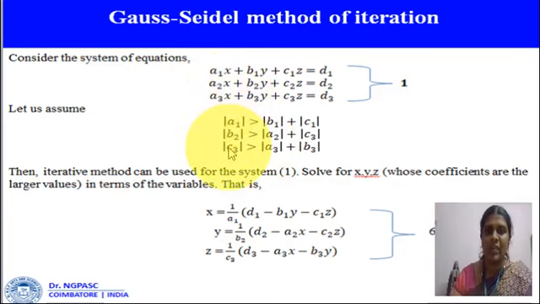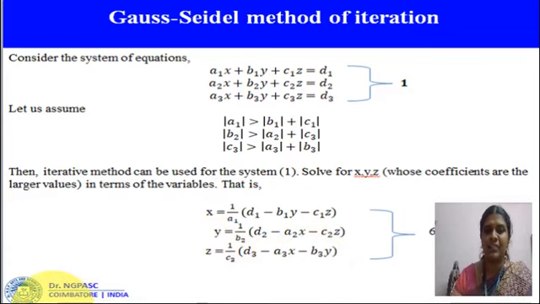So that is your main condition for the iterative method. After checking that the diagonals are dominant, we have to rewrite x, y and z in the same order. Up to this there is no change. It is the same as the Gauss-Jacobi method.